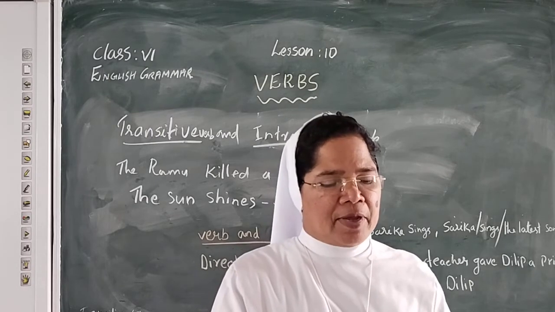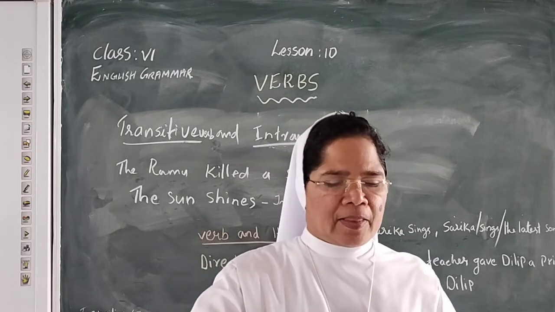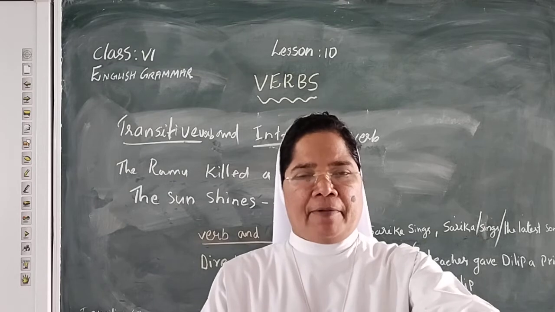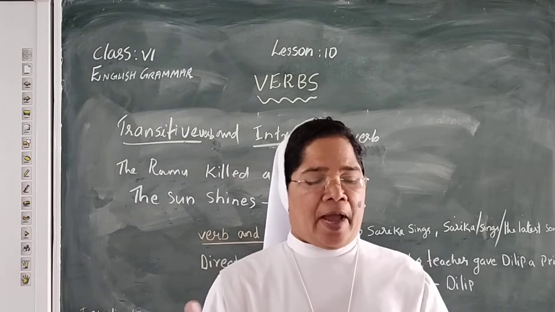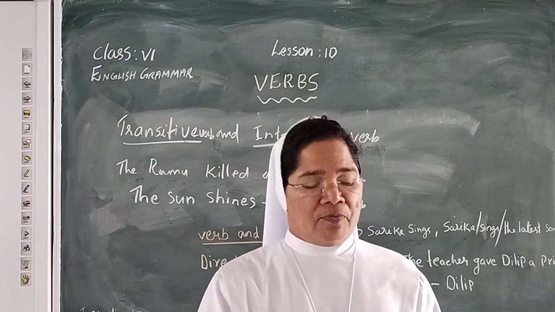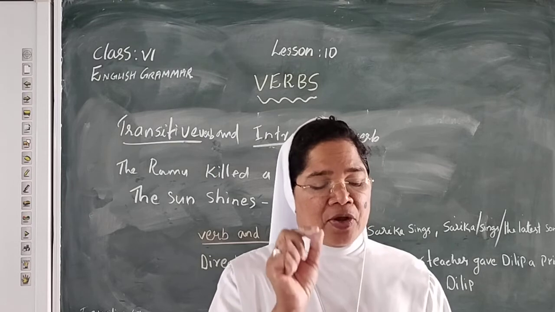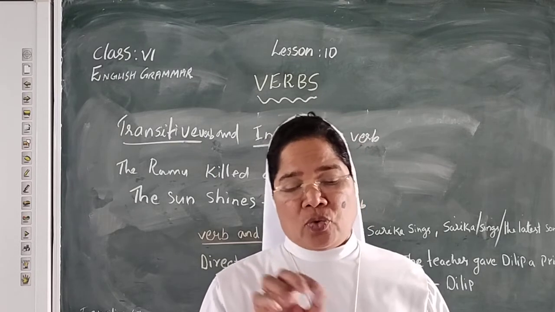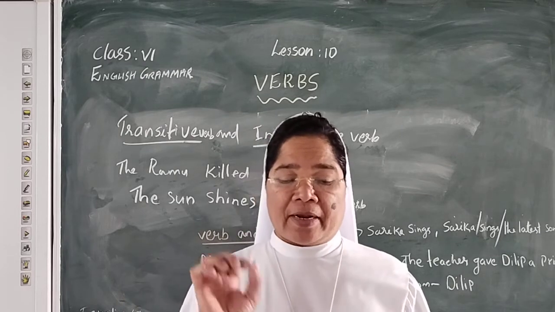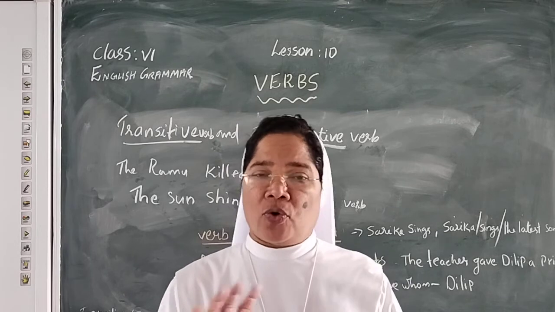So like that we can make sentences. Today we studied the verb and its object, and also direct and indirect objects, when some sentences have two objects, and also transitive and intransitive verbs. A transitive verb has an object; an intransitive verb has no object.